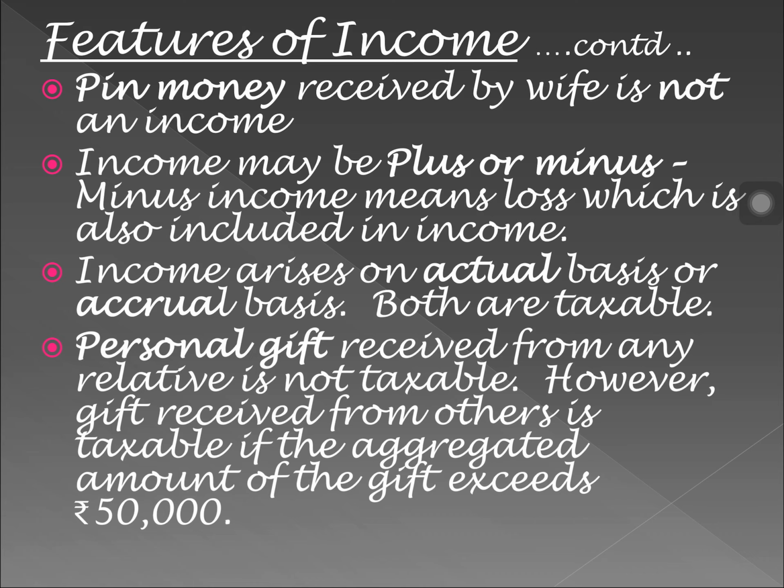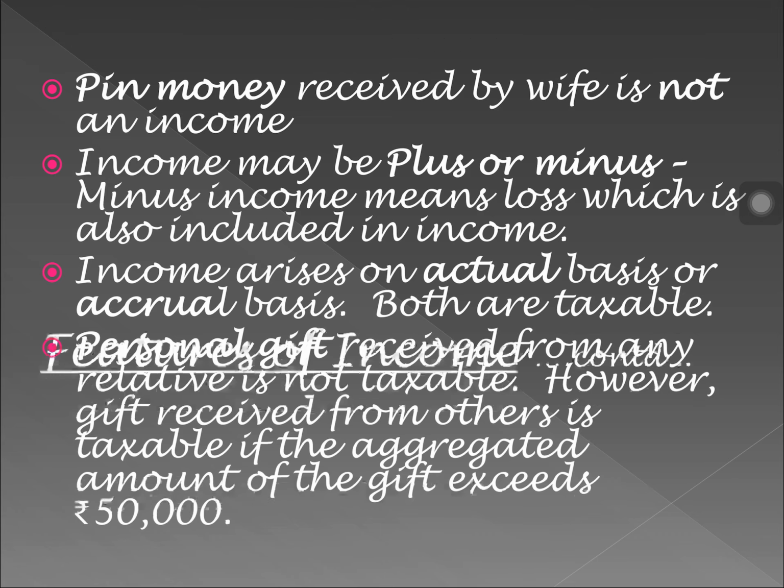However, gift received from others is taxable if the aggregate amount of the gift exceeds 50 lakhs. If the value of gift exceeds 50 lakh and that gift is received from a non-relative, then it is taxable. But gift or money received at the time of marriage is not taxable. All this we'll be studying in the next chapter in detail.